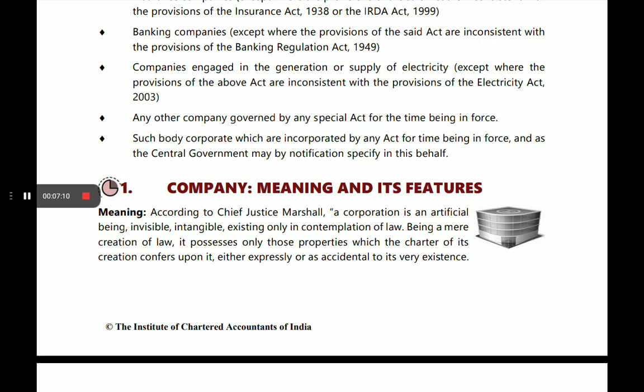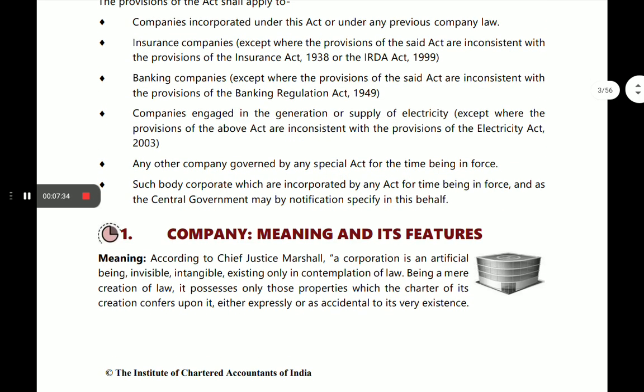It possesses only those properties which the charter of its creation confers upon it, either expressly or as incidental to its very existence.